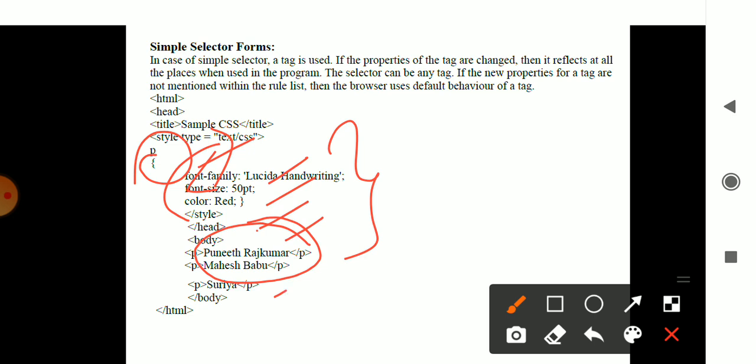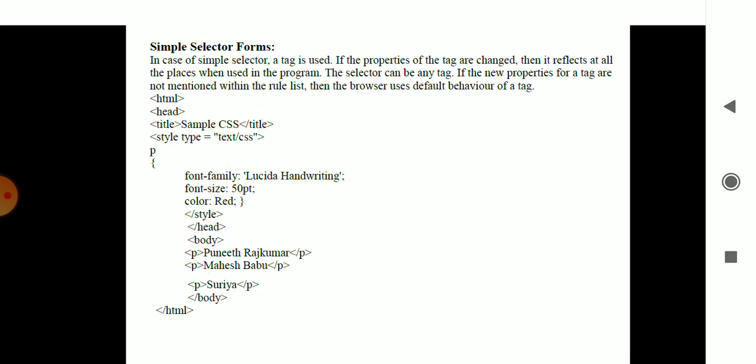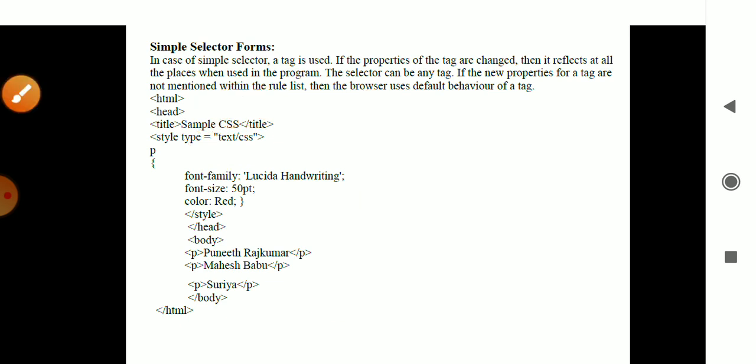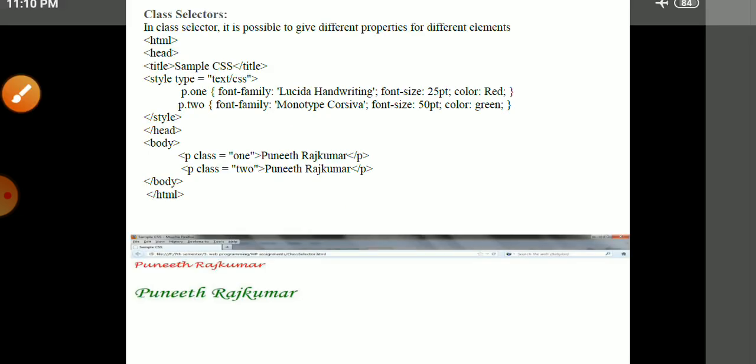Body close and HTML close. In the beginning, as usual, you write it in this format: HTML, head, a title, and it is of type text. A simple selector is chosen here. The output would be of this format, with the particular font style and size mentioned in the program. This is one simple selector.